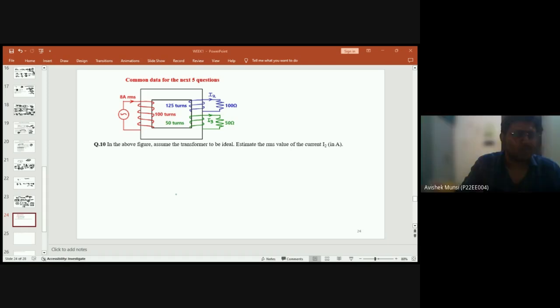Fine. The next question is based on the MMF balance. In this case, there is a primary side, secondary side, and on the secondary side, this is a secondary winding, another is tertiary winding.